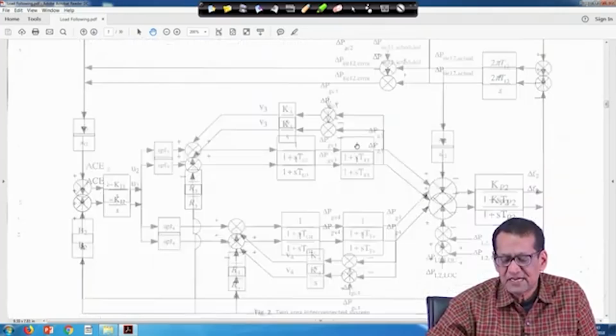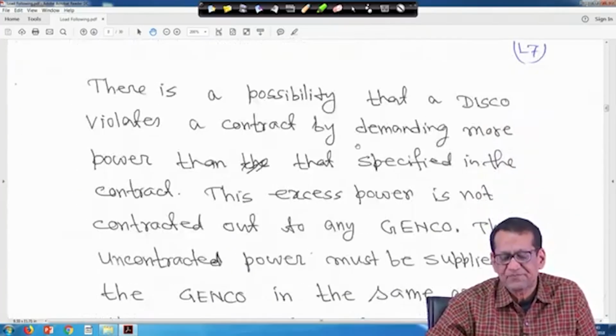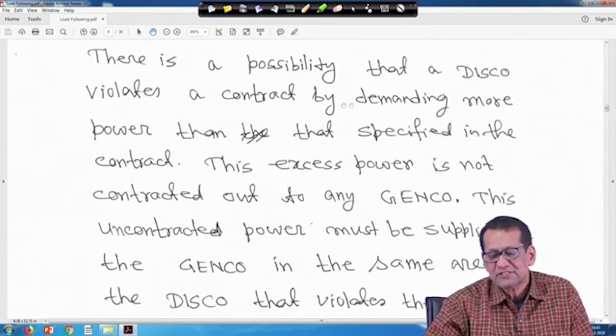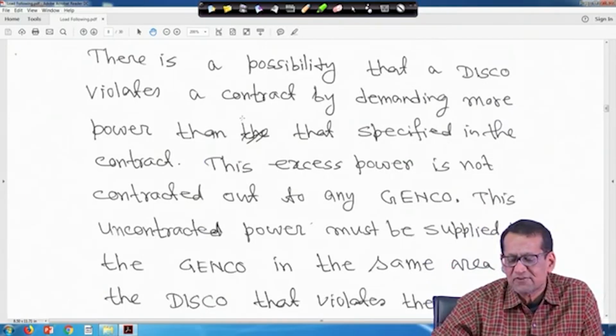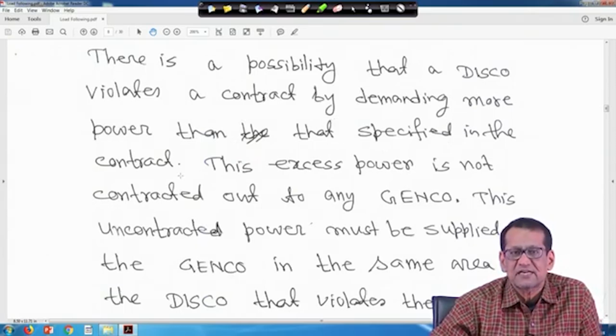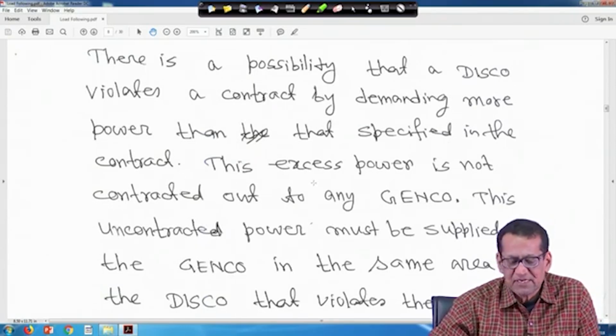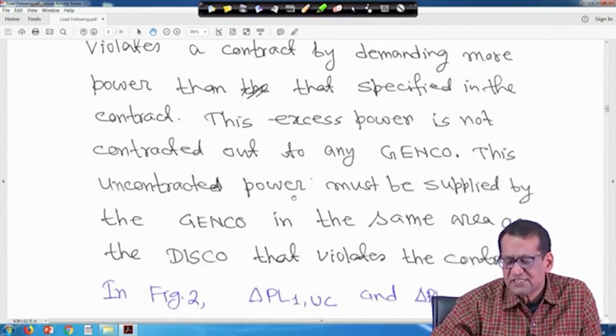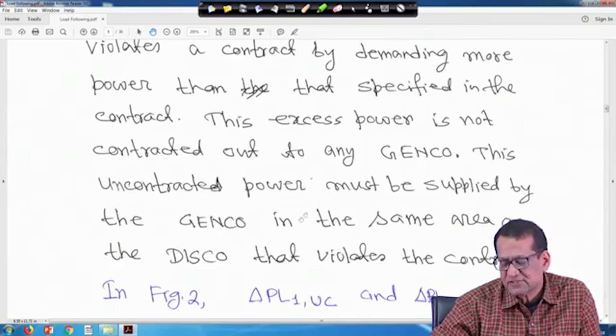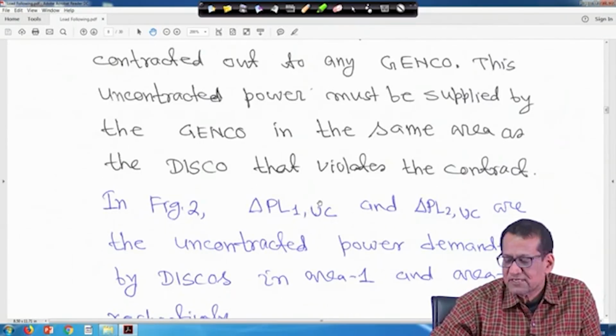The diagram, everything in the block diagram, I have explained, right. So, there is a possibility of uncontracted power demand, where a disco violates a contract by demanding more power than that specified in the contract, right. So, this excess power is not contracted out to any GENCO. This uncontracted power must be supplied by the GENCO in the same area as the disco that violates the contract, right.